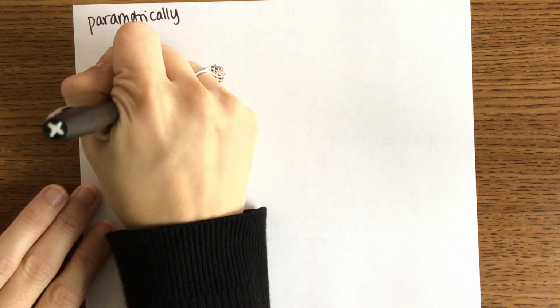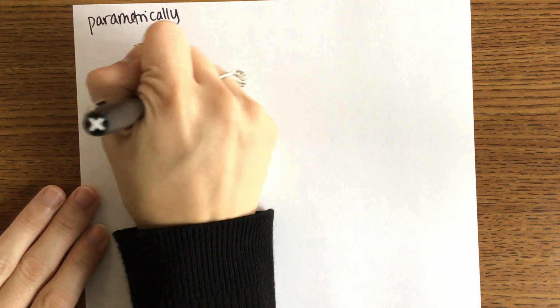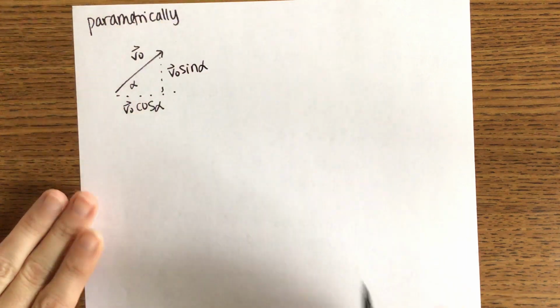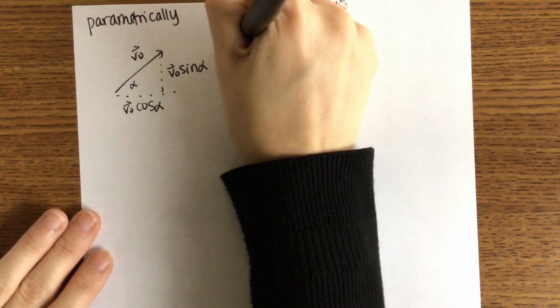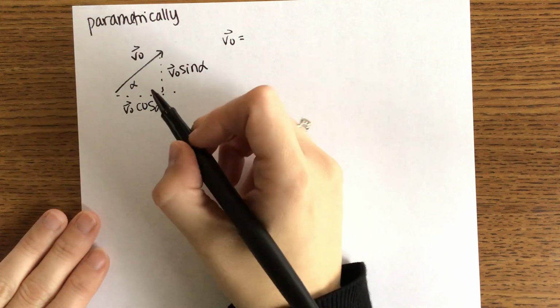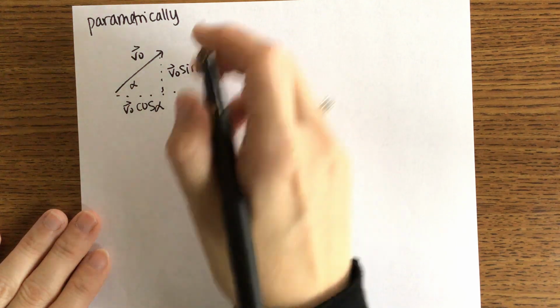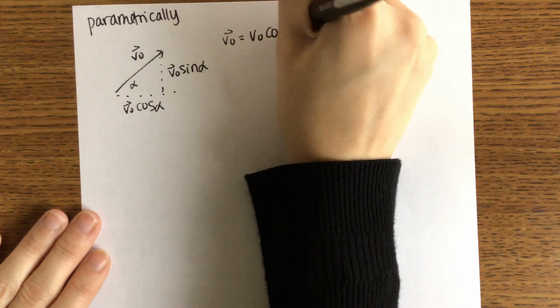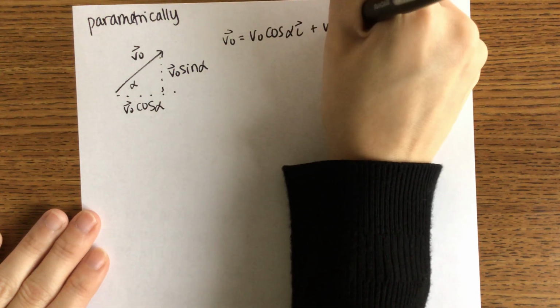This side will then be v times the cosine of alpha. This side will be v times the sine of alpha. So that v naught, another way to express it, is the sum of these two vectors. So it'll be v naught cosine of alpha i plus v naught sine of alpha j.